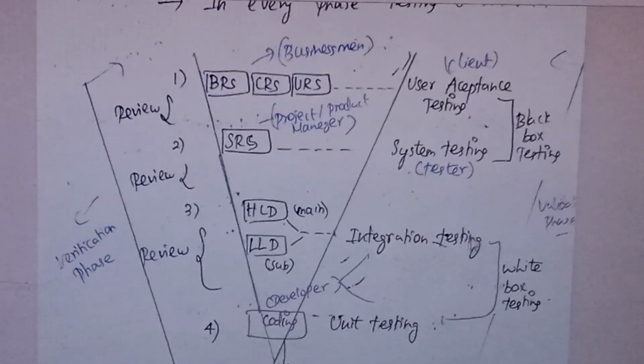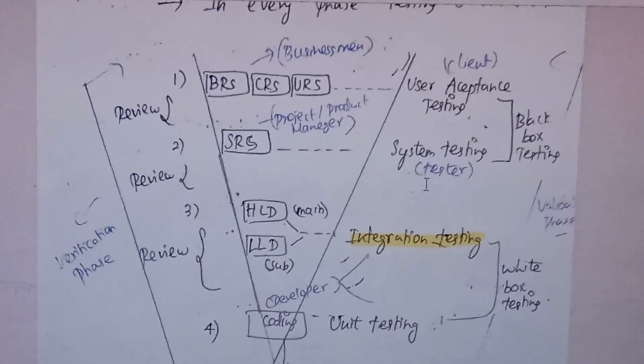Unit testing and integration testing are called white box testing because only developers can do it. They can test the code directly, and it needs programming knowledge. System testing and user acceptance testing fall under the black box testing category because the functionality of the software is tested here, and there is no need for any programming knowledge. It just checks the flows.